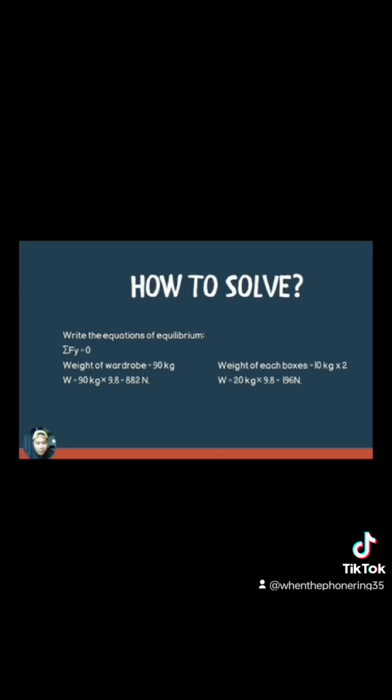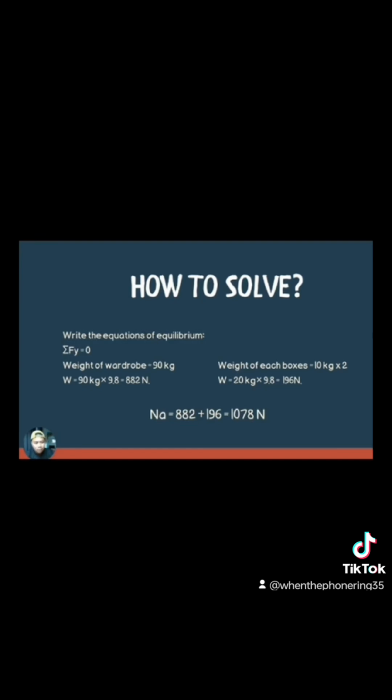Next, the weight of the boxes. The mass of each box is 10 kg, so we multiply by 2. So we get 20 kg times 9.8, which is 196 Newton.